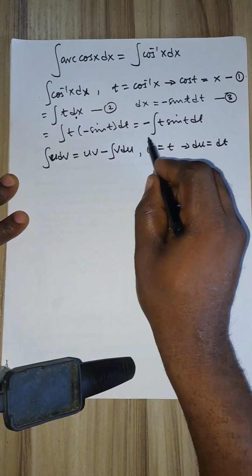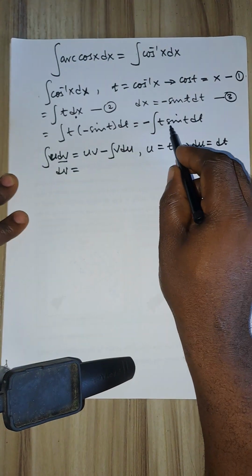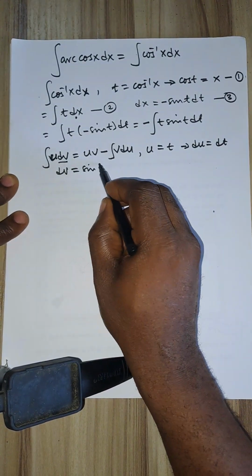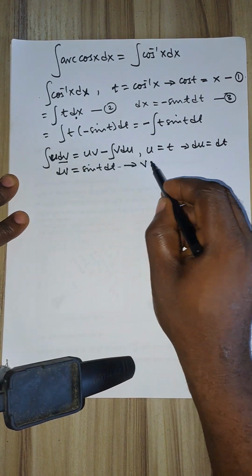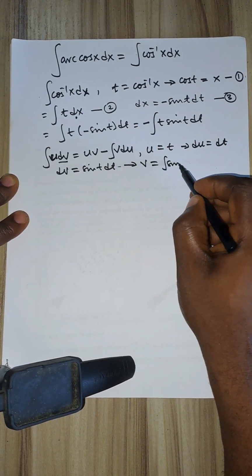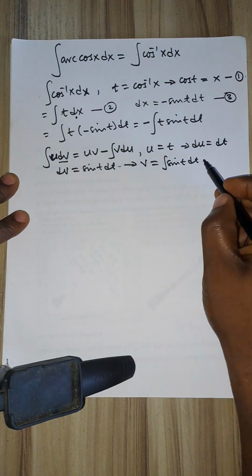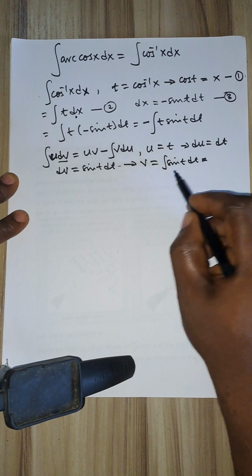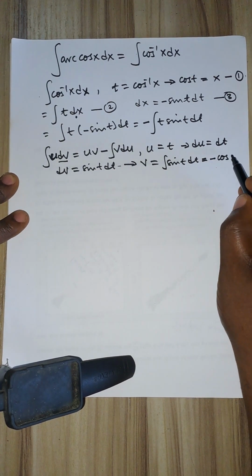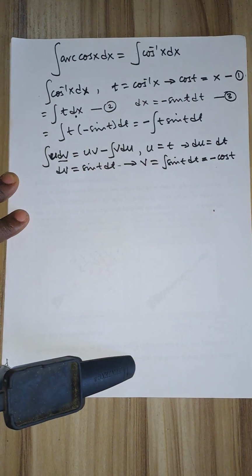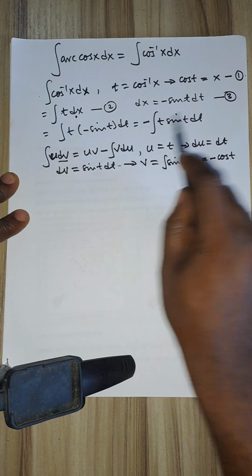Now dv should give us sine t dt. To find v, we integrate both sides. So v becomes the integral of sine t dt, and if you integrate sine t, you get negative cosine t.